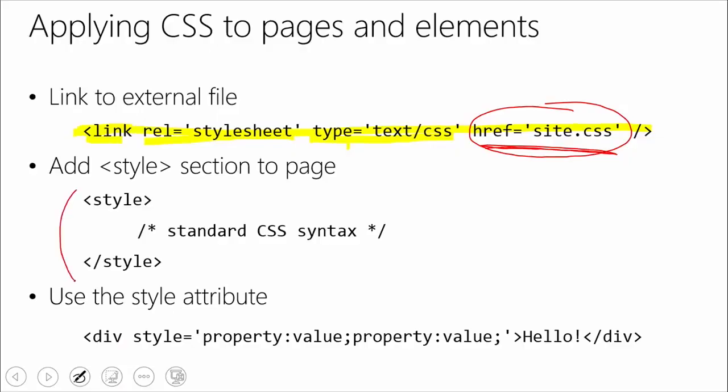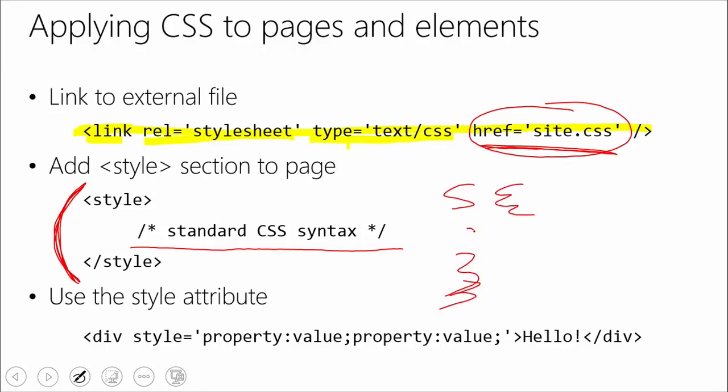Well, you'll notice that you can actually just toss style into the head section on a page. And it's going to be that standard CSS syntax that we saw before, where I've got my selector, curly brace, and then the individual values inside of there. So just put that right there into the page.